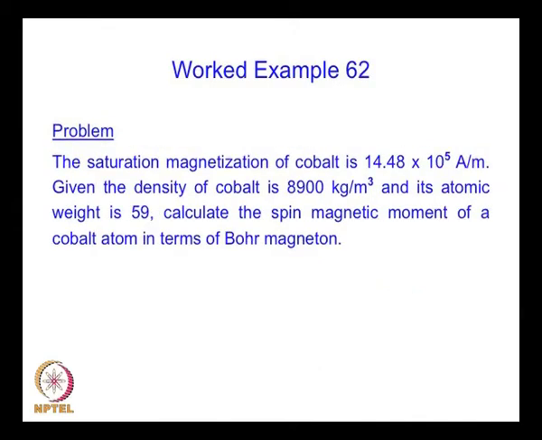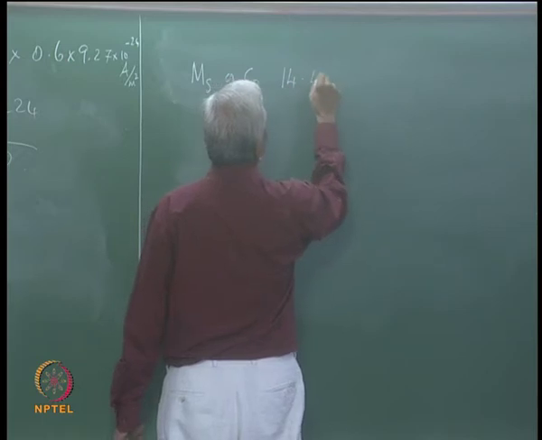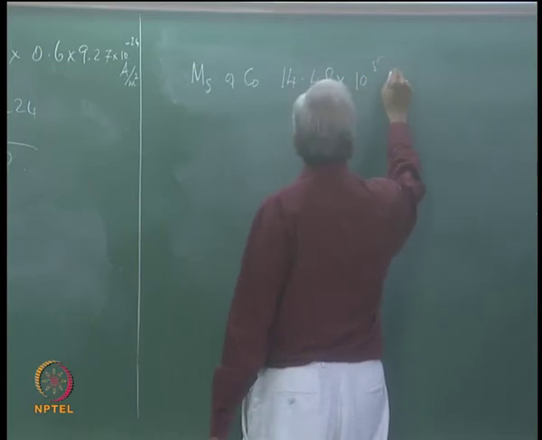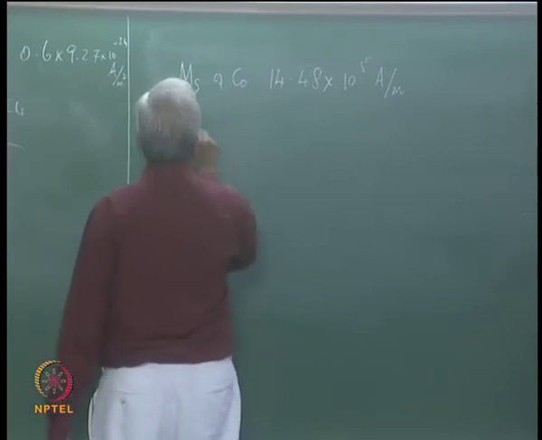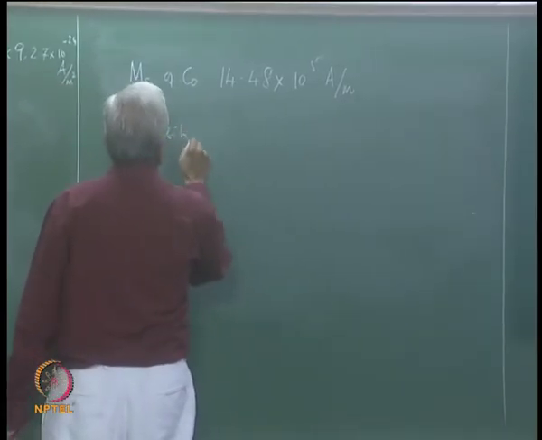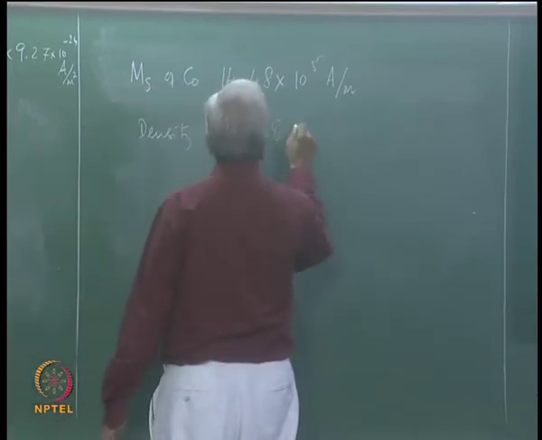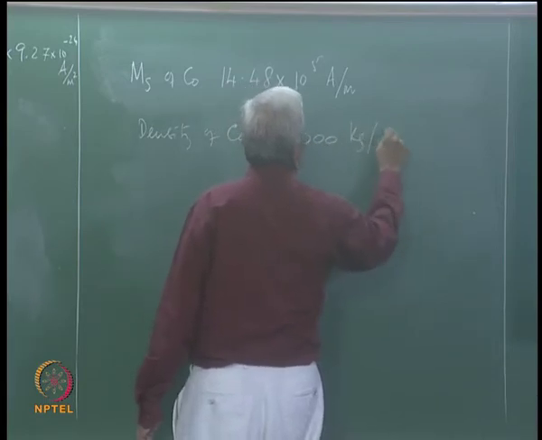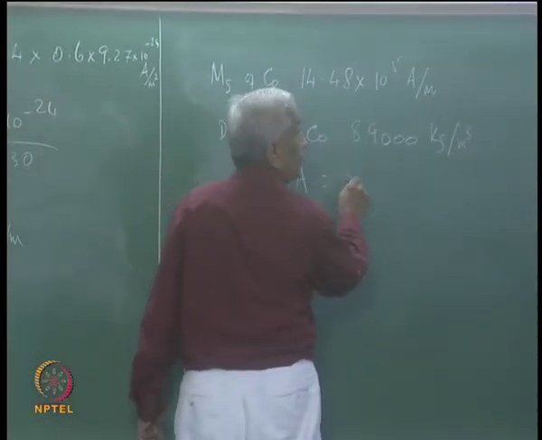The next question tells us that the saturation magnetization of cobalt is 14.48 into 10 to the power 5. We are also given the density of cobalt as 8,900 kilograms per meter cube, and the atomic weight is 59.